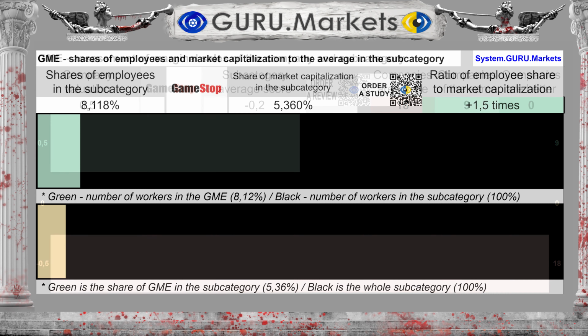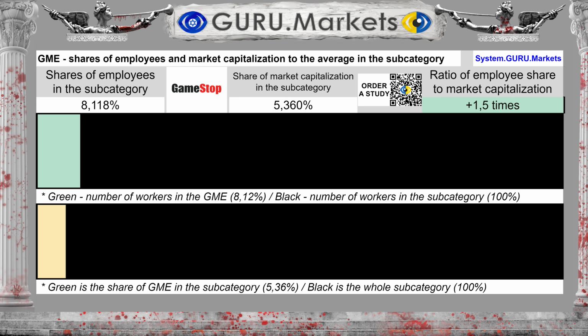The company's share by number of personnel in the subcategory is 8.118%. This is a 51% increase in market capitalization share. And this shows the discrepancy between the current market price of the company GameStop Corp. GME, probably towards underestimation.